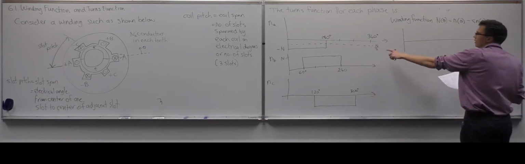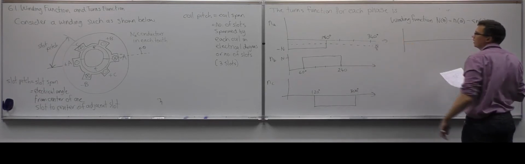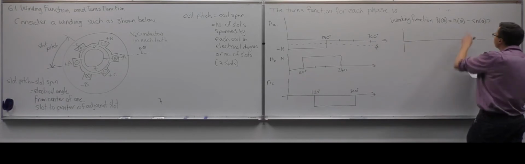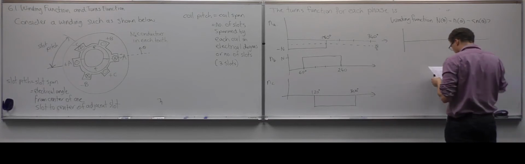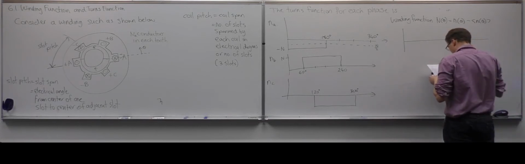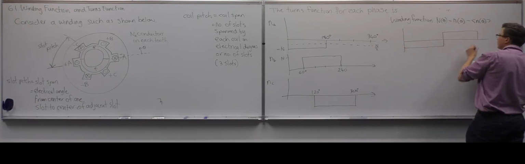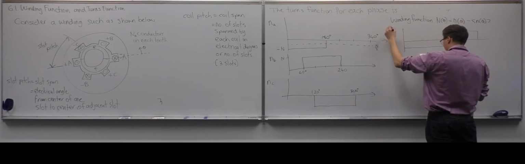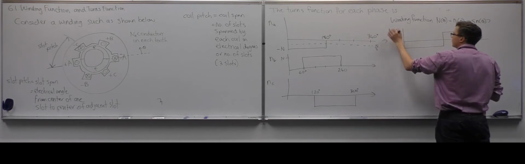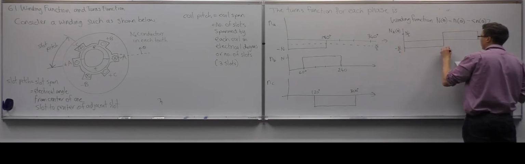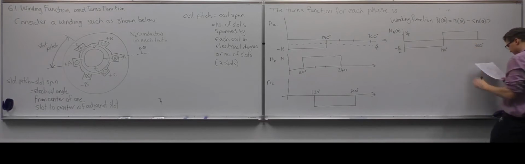So in this case, it's going to be added on there because it's all negative. Because negative minus negative equals a positive. So we have that the winding function for the A phase looks like this. So this would be N over 2, minus N over 2, 180, 360.